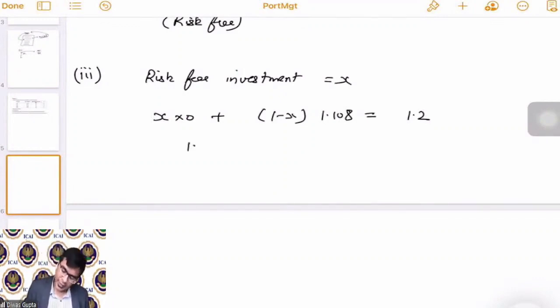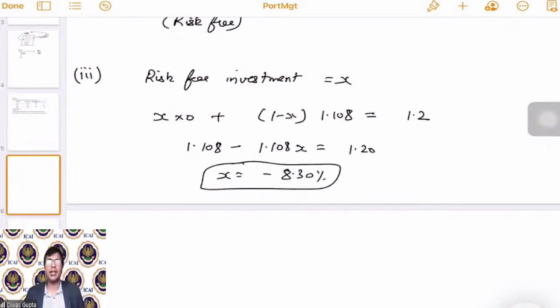So if you solve this equation, 1.108 minus 1.108x is equal to 1.20. So the x here is minus 8.30%. The x here denotes that you borrow 8.3% of your total investment and invest 108.3% in your portfolio.